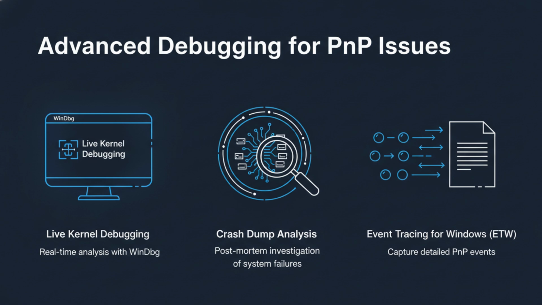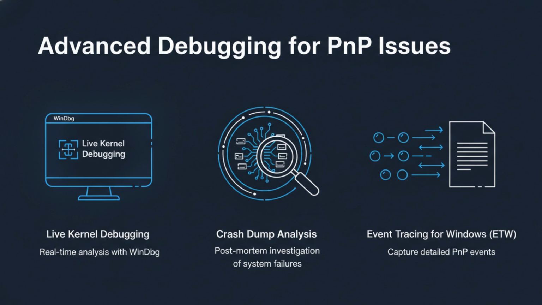For complex PnP issues, advanced debugging techniques become indispensable. Live kernel debugging with WinDbg allows real-time inspection of the kernel, enabling you to set breakpoints, examine data structures like dev nodes and device objects, and trace IRP flow. When a system crashes, crash dump analysis provides a post-mortem snapshot of the kernel state, allowing you to identify the root cause of PnP-related blue screens.